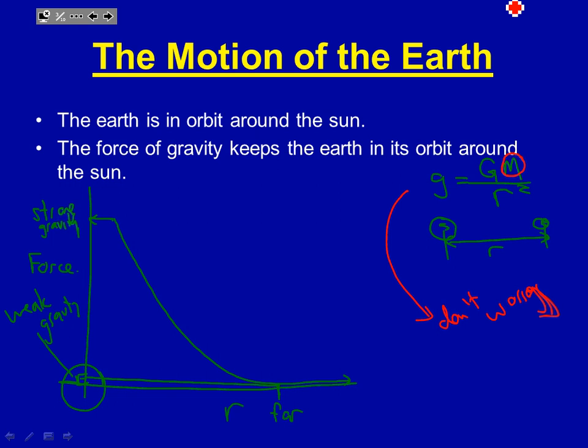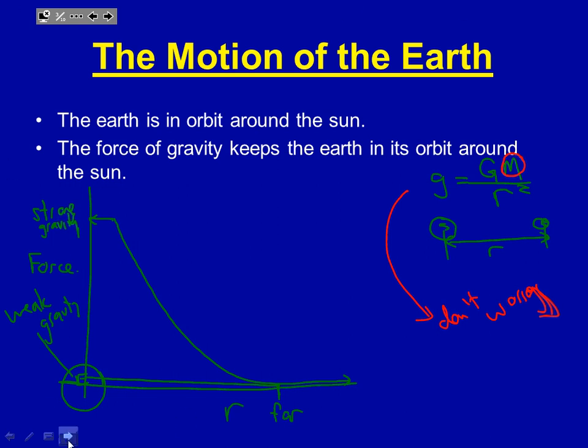So therefore, the force of gravity on the moon is about 1/6, which is why if you look at video of the astronauts on the moon, that's why they can jump around and move around so freely, because the force of gravity is much weaker.